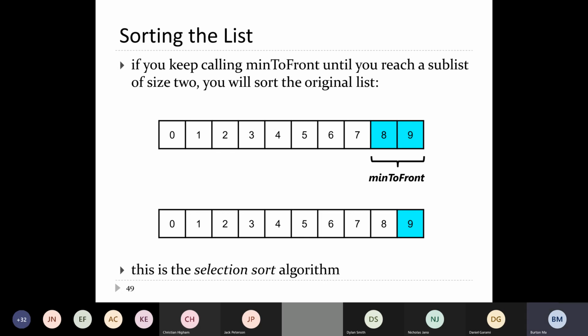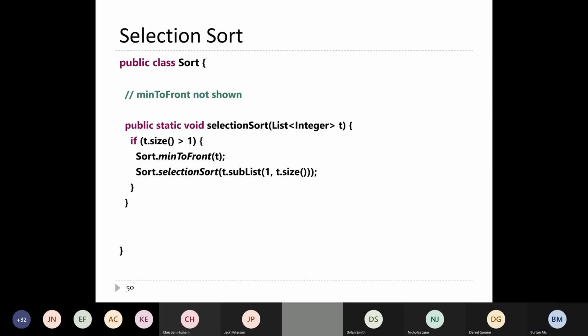And the recursive implementation is 3 lines long, assuming you have min to front already. If you have min to front, then selection sort simply calls itself, passing in the rest of the list every time, the rest of the list not including the first element. How long do you run this for? Well, as long as the list is bigger than 1.